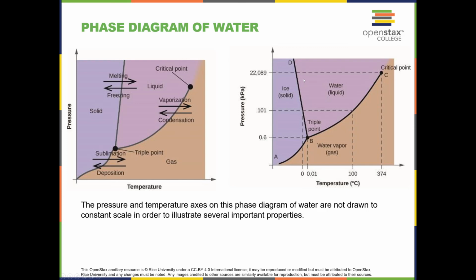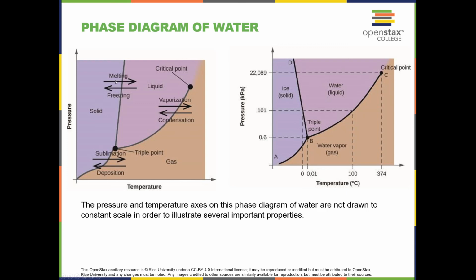What is favored? The liquid is favored. So as pressure increases, the liquid is favored, which tells us that the liquid is more dense than the solid. Now let's contrast that with what we have over here. Pick a random point on the fusion curve, the line between the solid and the liquid.